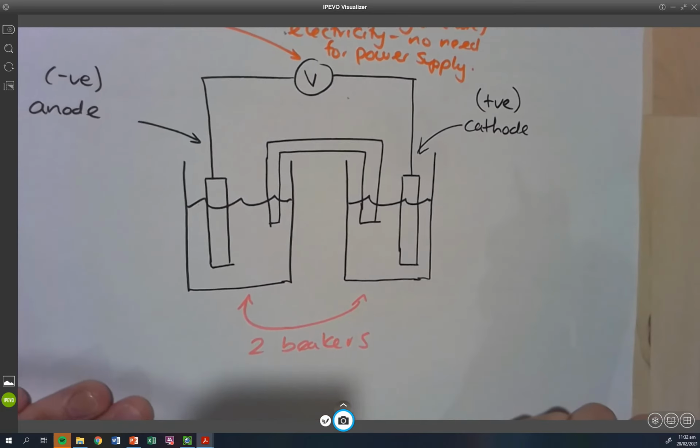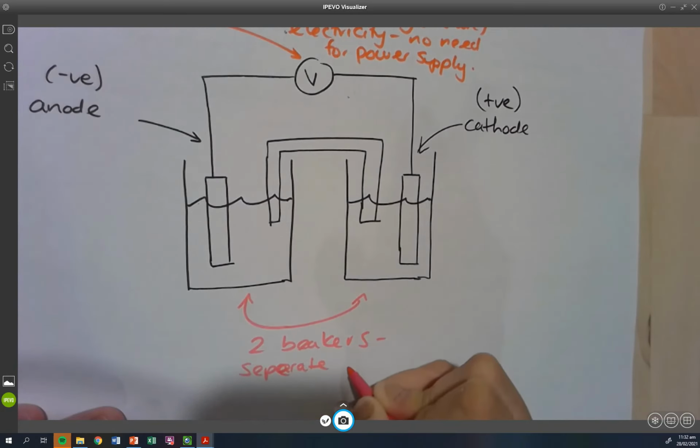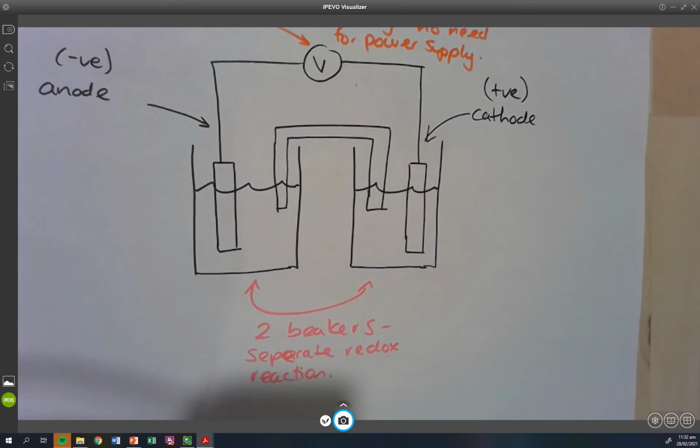The reason we want these two beakers is so that we can separate the redox reaction. By separating that redox reaction, I'm then able to control the flow of electrons.